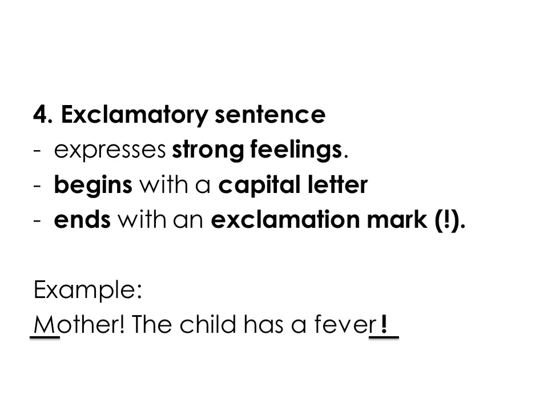Example, mother, the child has a fever. So, strong feelings because it's the feeling of concern. Okay? So, the letter M there is underlined because we need to start the sentence with a capital letter. And look at that example. It ends with an exclamation mark because if there's an exclamation mark, it means that it has a strong feeling.